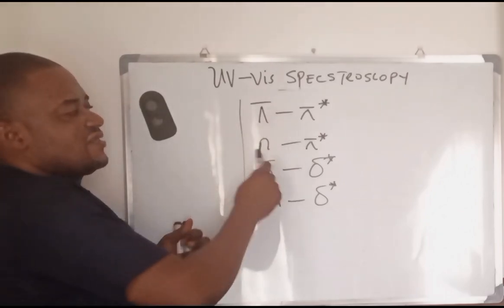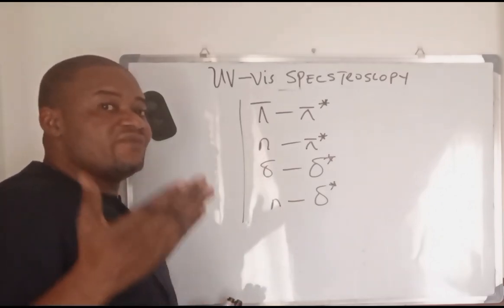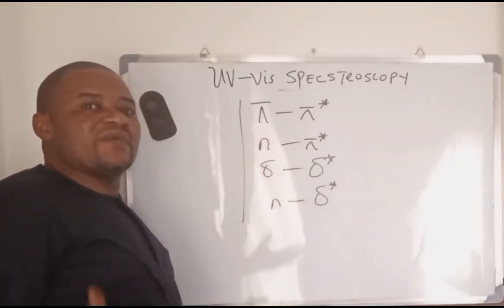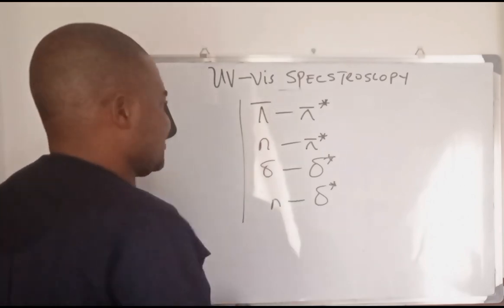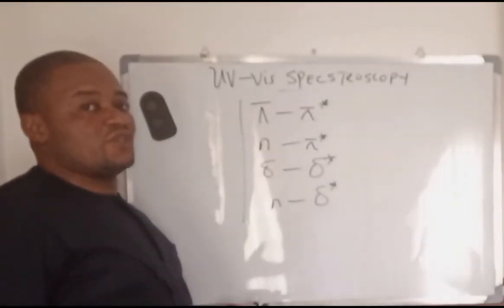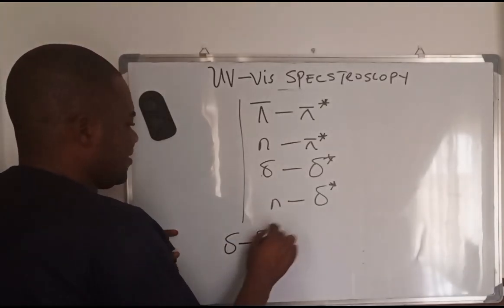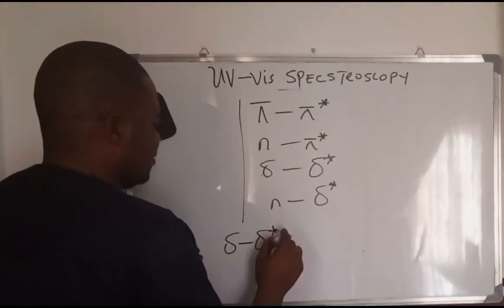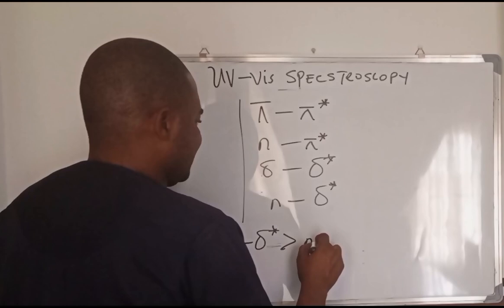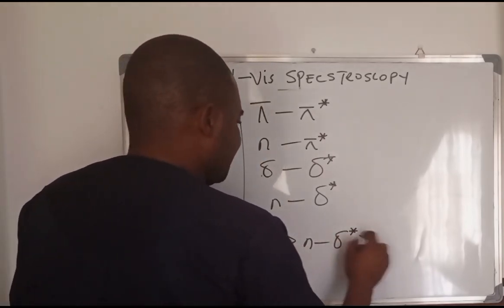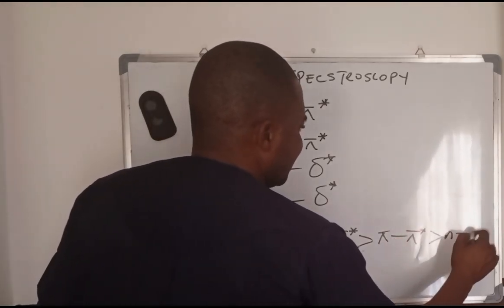Now, these are the different transitions or excitations rather that you can experience in a typical UV visible spectroscopy that leads to the information that you get at a detector, where you can be able to do what? To characterize, identify some molecules in substances. Now, there is an order to which this excitation is possible. So there is a higher excitation found around the sigma to anti-sigma bond, and there is a further excitation greater to that of pi, and this is greater to that of n to pi.